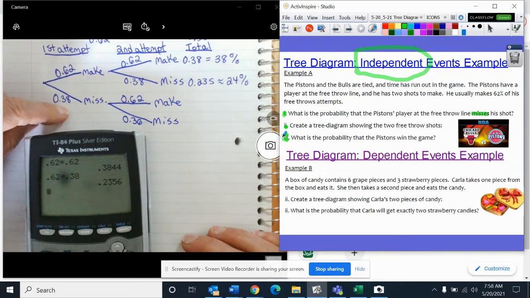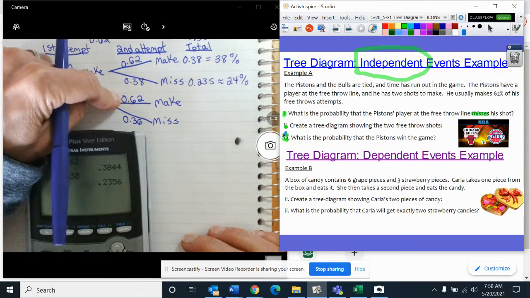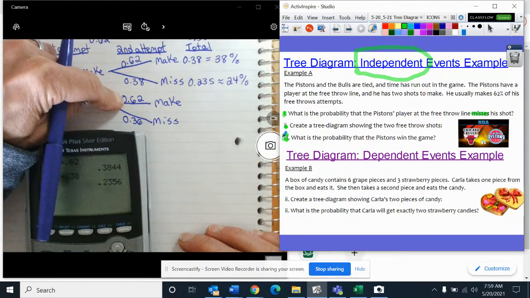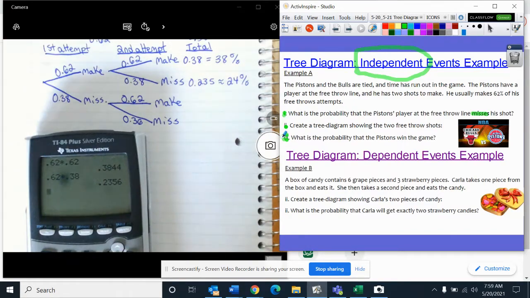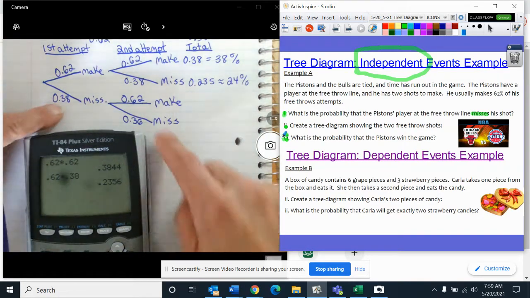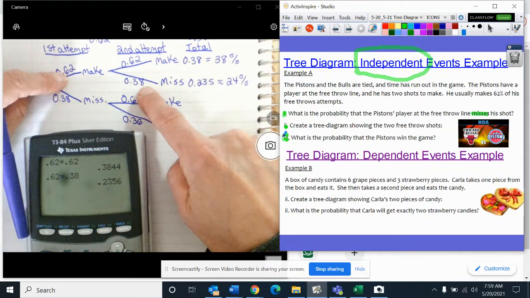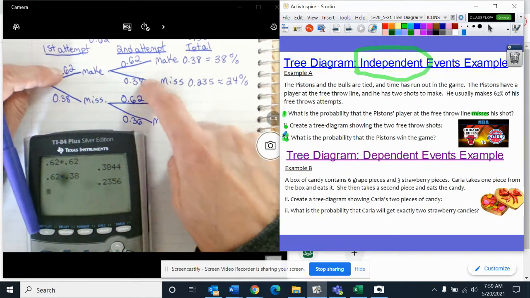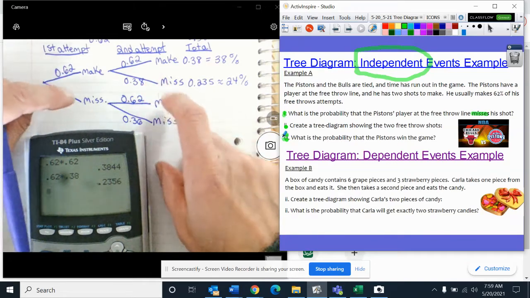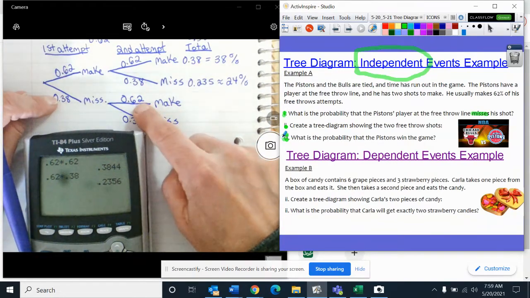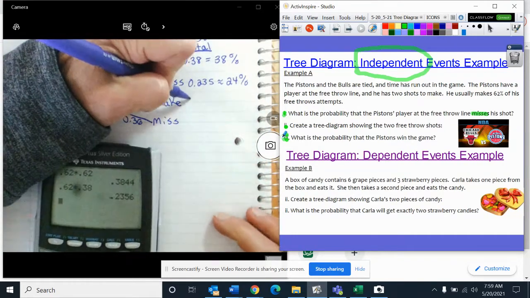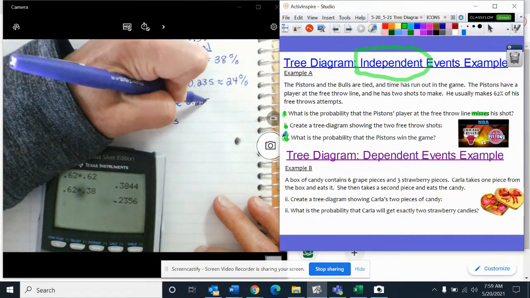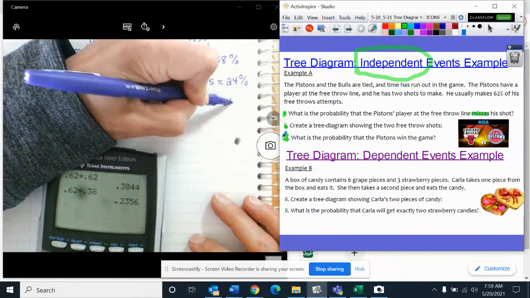If they miss the first one, but they make the second one, that crowd is going to go wild and they will be happy that they won, they made that shot. So let's look at that probability. Notice that it is just the reverse of making and missing the second. It's the same as missing the first and making the second. It's just made one of the times. So this is the same probability, about 24%.